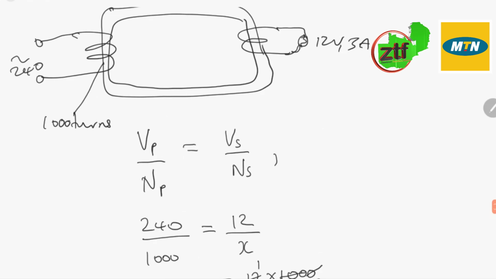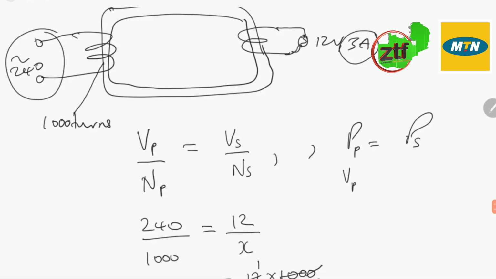So, we have to check the input current, because we have the output current as 3. We can only get it from the principle of conservation of power. So, we say power in the primary should be equal to power in the secondary. But power in the primary means voltage in the primary times current in the primary. That should be equal to voltage in the secondary times current in the secondary.